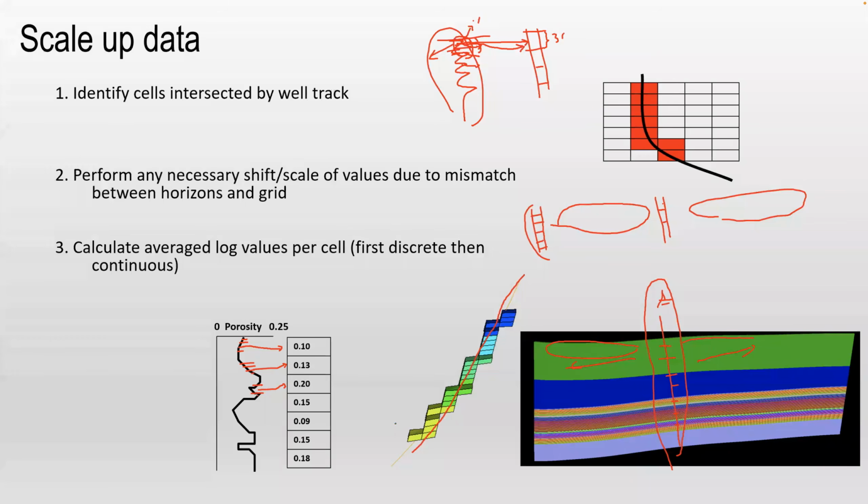But at last, when you want to scale up the data, it's better to scale it up with different methods. For example, you have the data of porosity, you scale it up with arithmetic, and after that, look at the histograms of the scaled-up data versus the histograms of raw data. You do that with different methods.